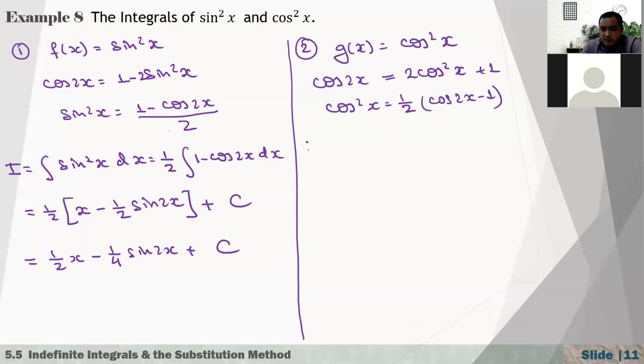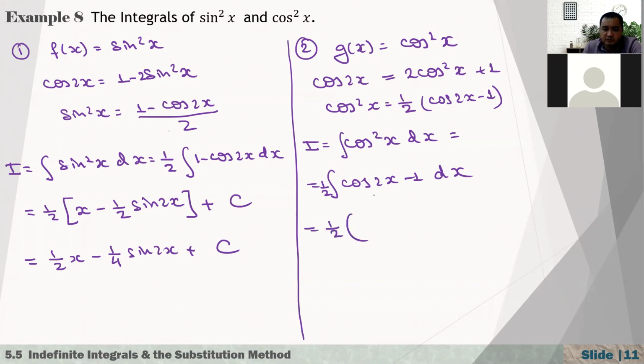Now to integrate the integral of cosine squared of x dx, that is equal to the integral, with 1 over 2 outside, of cosine of 2x plus 1 dx, which is equal to 1 over 2 times, what function has this derivative?